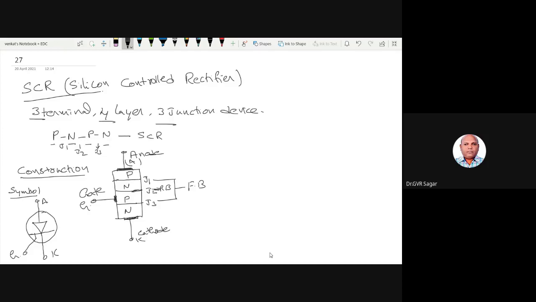Next is how to operate this. What I told, this is constructed using a PNP transistor and an NPN transistor. This forms one PNP transistor, and this forms another NPN transistor.